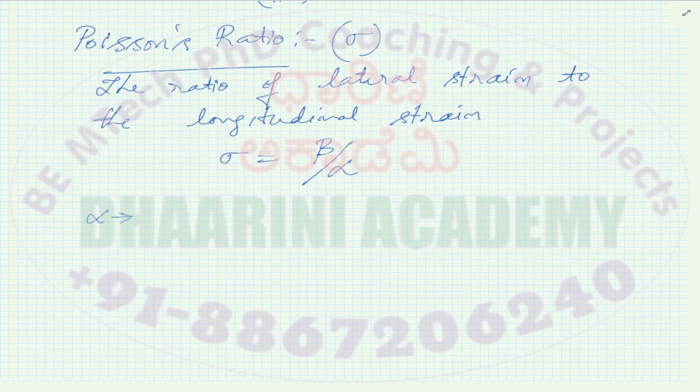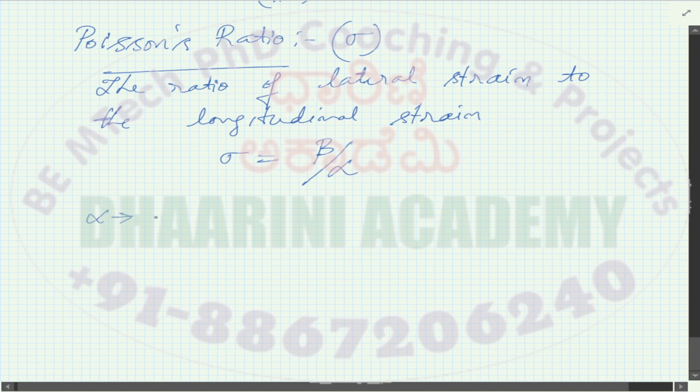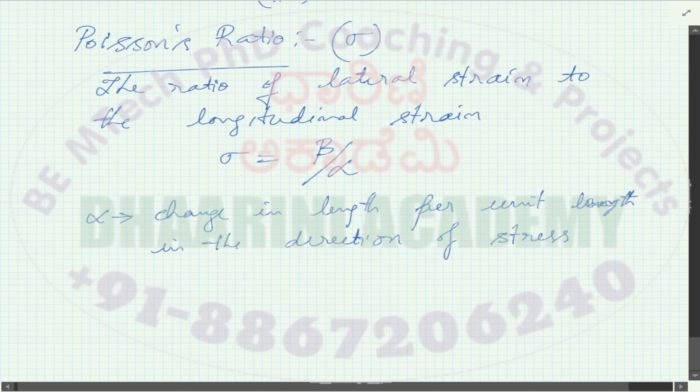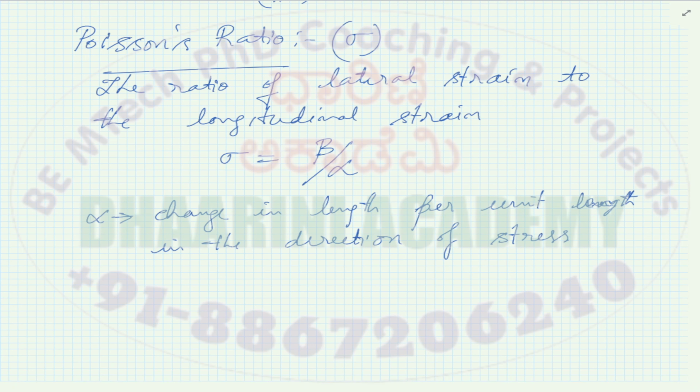So in the direction of stress, how much change in length per unit length you have. Along the same direction as that of the stress, how much the magnitude changes.